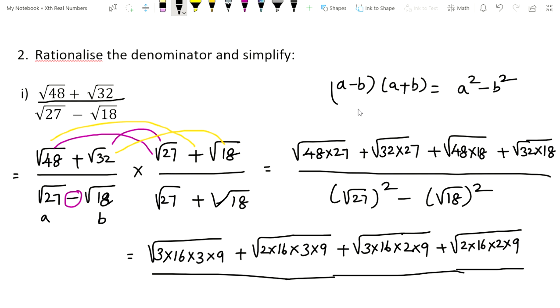I already told you, root a into root a, what will you get? a. So root 27 the whole square, what will you get? 27. Minus root 18 the whole square, what will you get? 18.